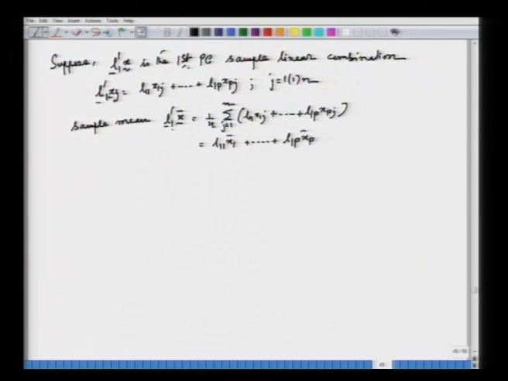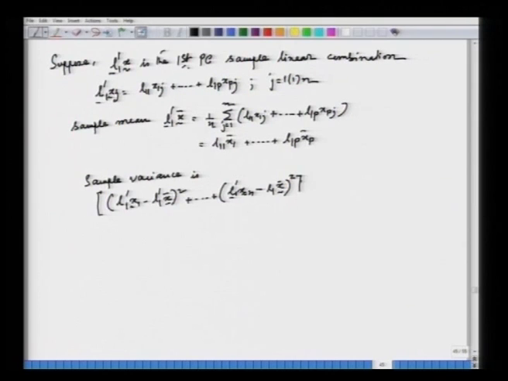And the sample variance in that case is: L1 prime X1 minus the mean, that is L1 prime X1 minus L1 prime X bar, whole square, up to L1 prime Xn minus L1 prime X bar, whole square, divided by the divisor n minus 1.